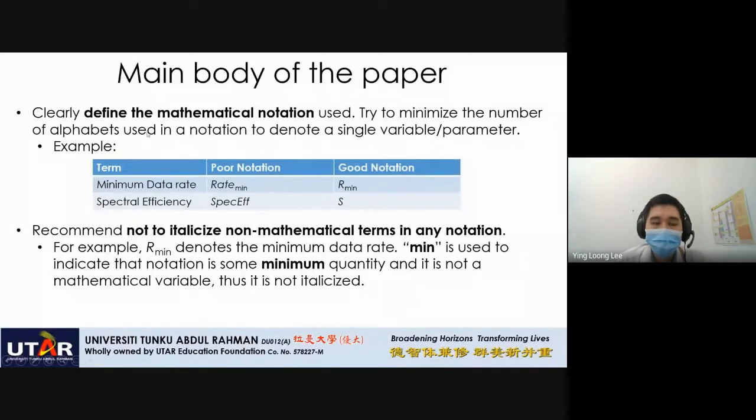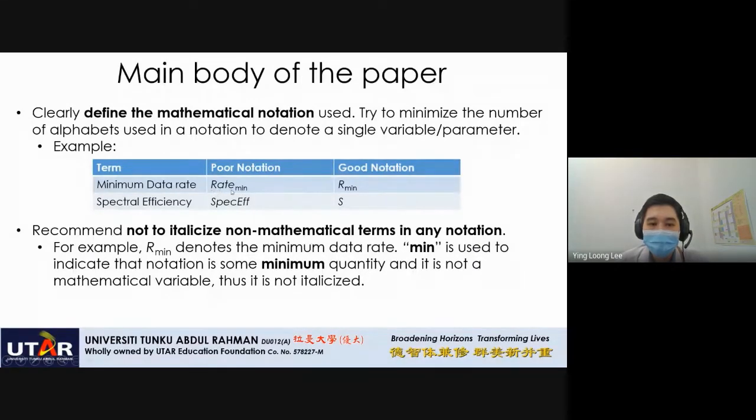Clearly define the mathematical notation used, and try to minimize the number of letters used in the notation to denote a single variable or parameter. Some papers, for example for minimum data rate, write in the mathematical equation "rate min".